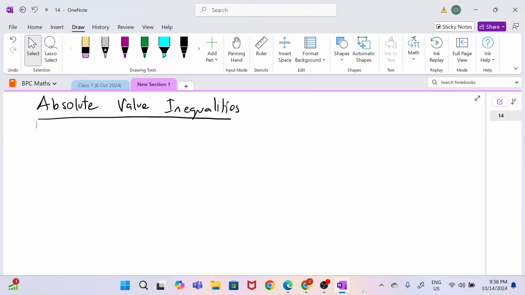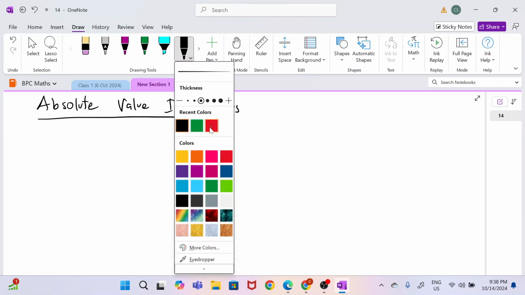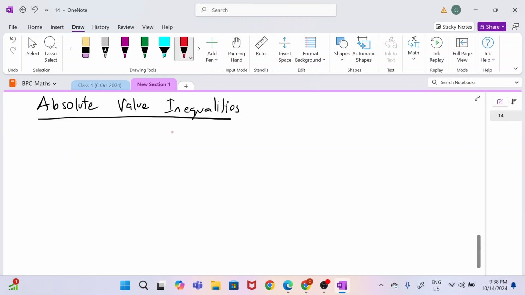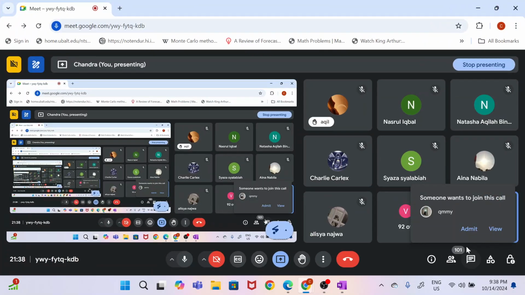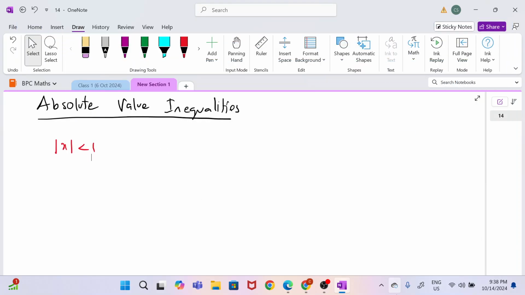If the inequality is like this, let's say mod x. This line here I call mod. Mod means modulus. Another name for absolute value is modulus. I pronounce this as mod x.